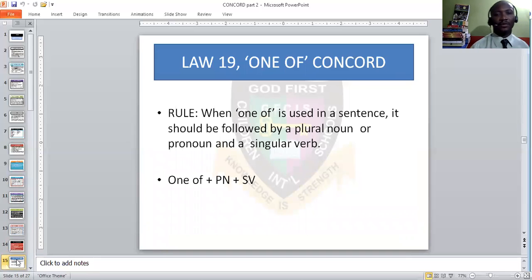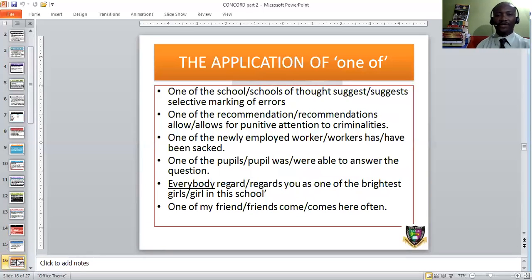Law 19, one of Concord. When one of is used in a sentence, it should be followed by a plural noun or pronoun, and a singular verb. Note, one of plus plural noun plus singular verb. Note the examples. One of the schools, plural, of thought suggests, one of them suggests.